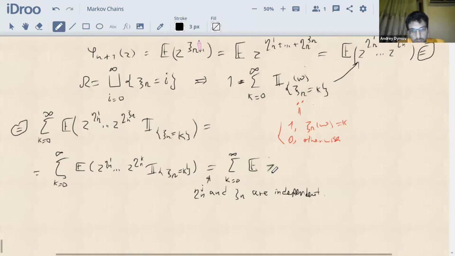Look, so we have this expectation. All such expectations are equal because eta nj are identically distributed. And also I should multiply by the expectation of the indicator function.